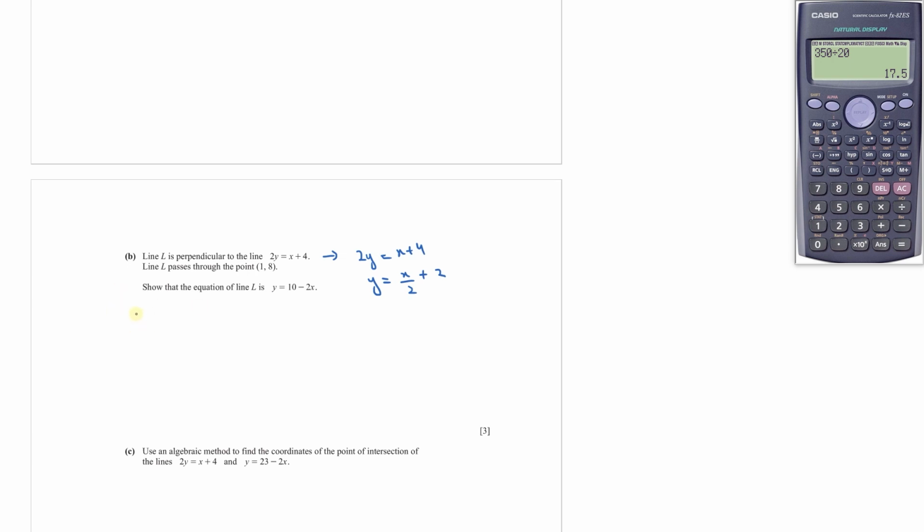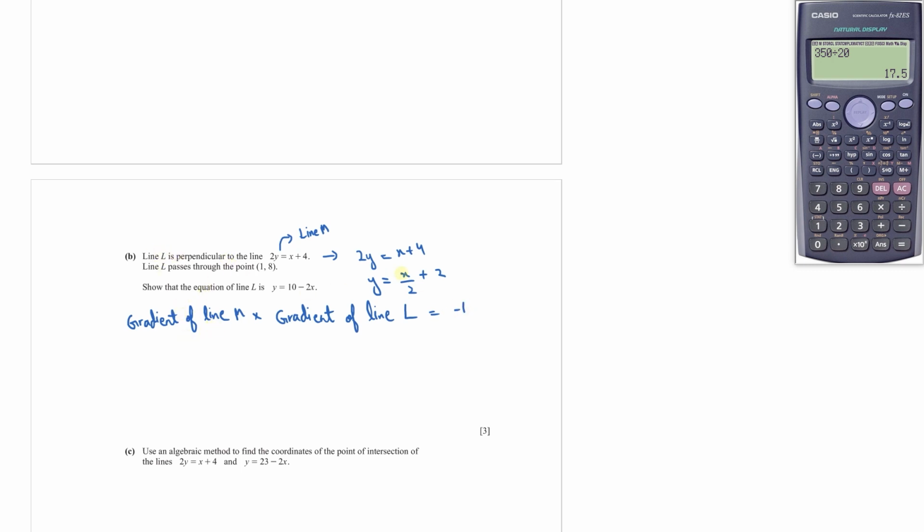Let's call this line M. The gradient of line M multiplied by the gradient of line L should equal minus 1 because they are perpendicular to each other.